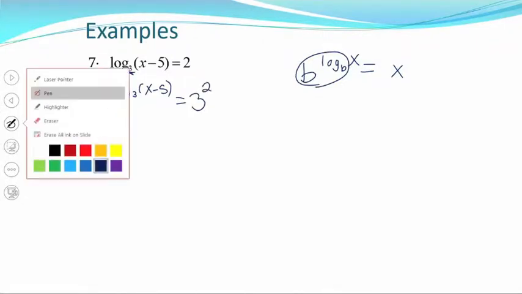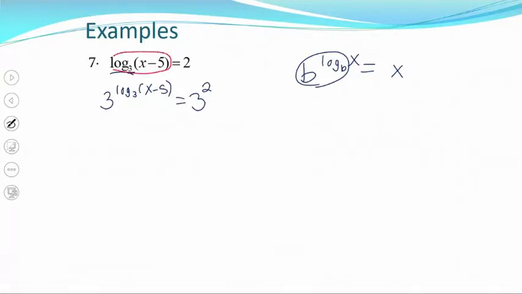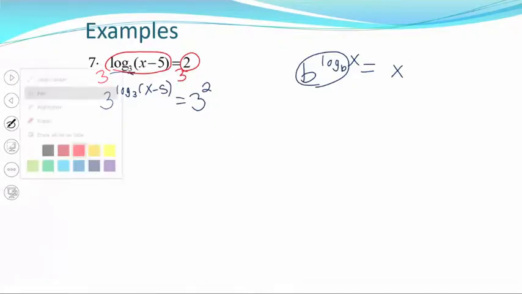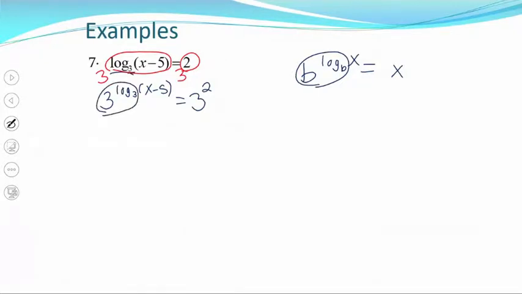So basically, I've converted this and this to exponents of 3: 3 to this log power, and then 3 to the second power. The reason I've done it is because now 3 with a log of base 3, those things cancel out.